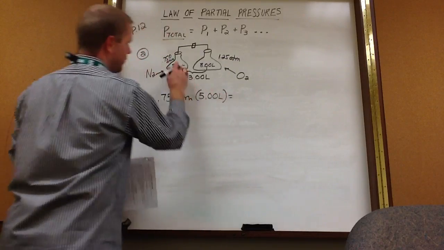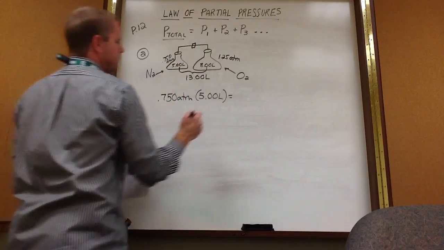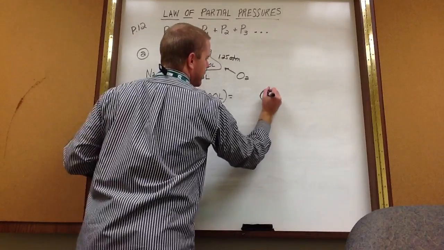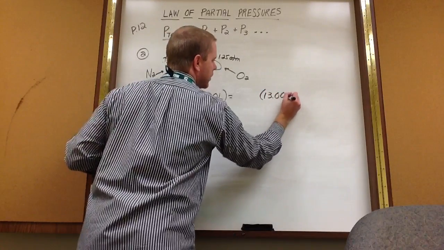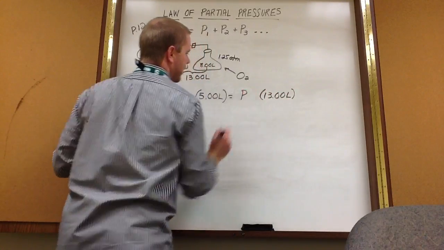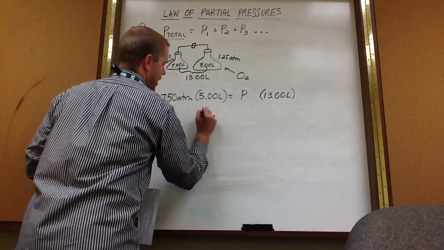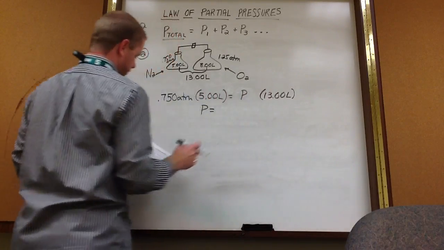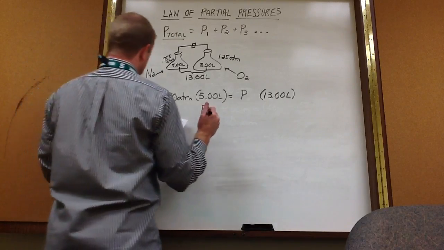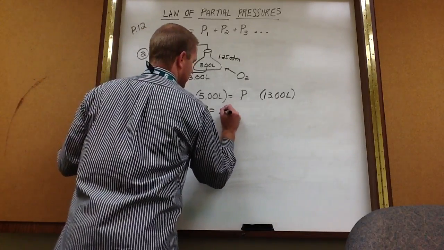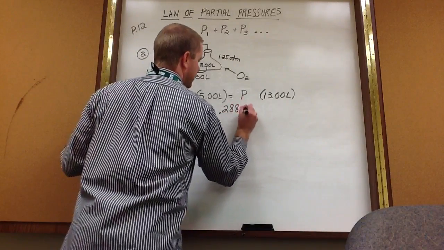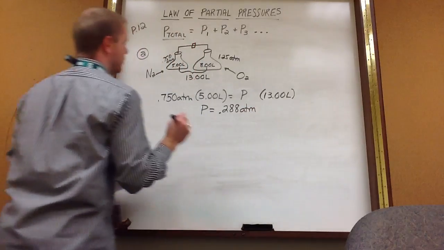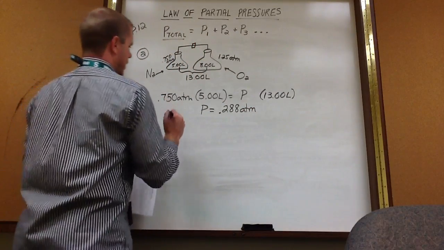You open this up, now the volume is 13.00 liters. Therefore, what is the pressure? You do the math and you get P equals, 3 sig figs, 3 sig figs, 4 sig figs, so your answer can have 3, so I get 0.288 atm. Now, continuing along.